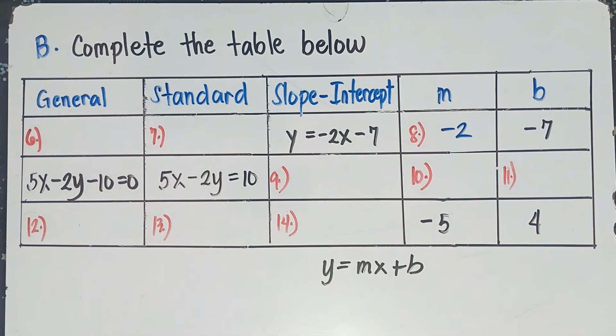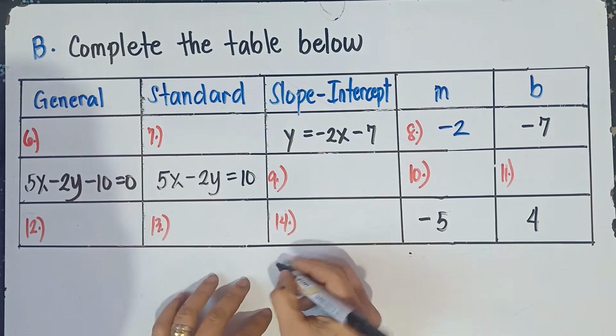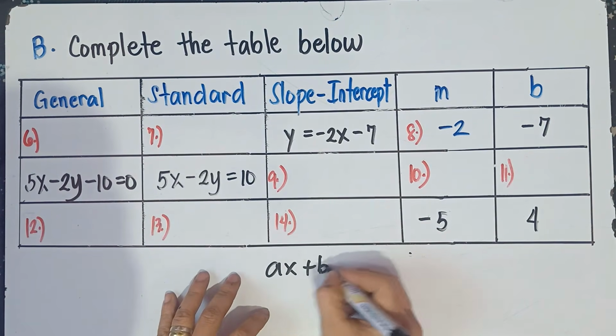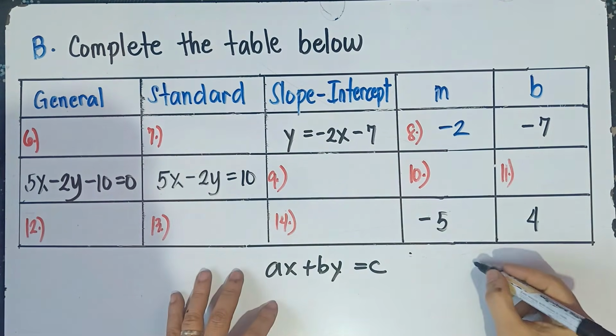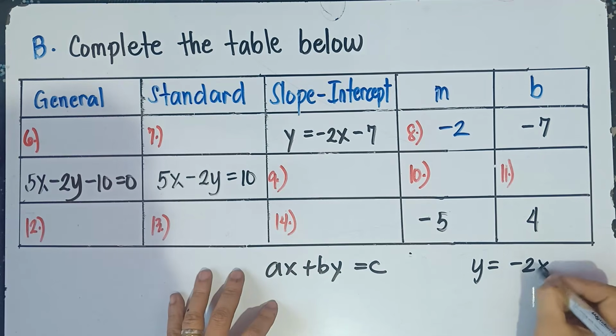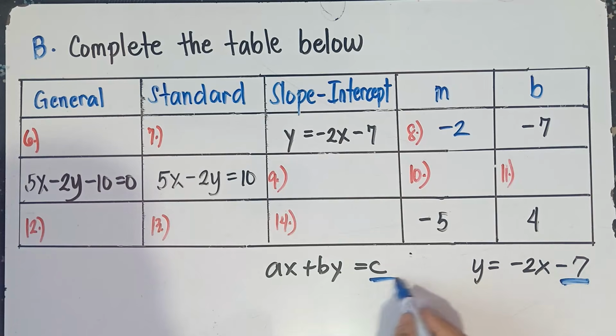Alright, and then for the standard form, the equation is ax plus by equals c. And our given slope-intercept form is y equals negative 2x minus 7. As we can see, class, negative 7 is already on the right side.